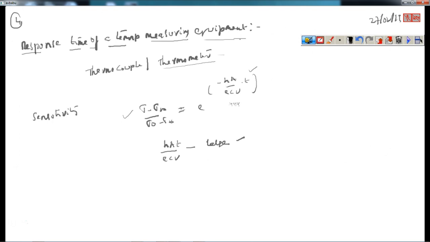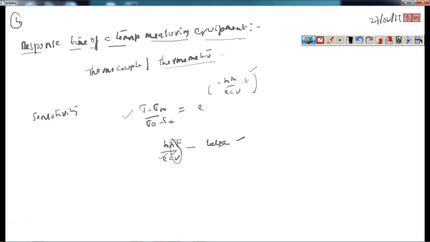When it reaches a zero value, the response time is very small. To have it, either rho should be small, or C should be small, or V by A should be as large as possible.